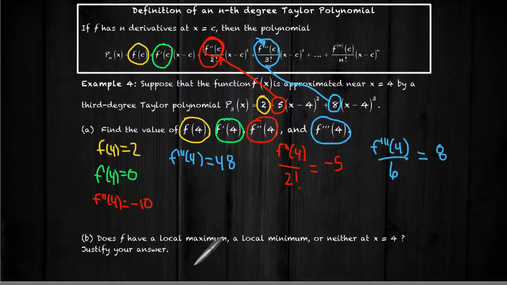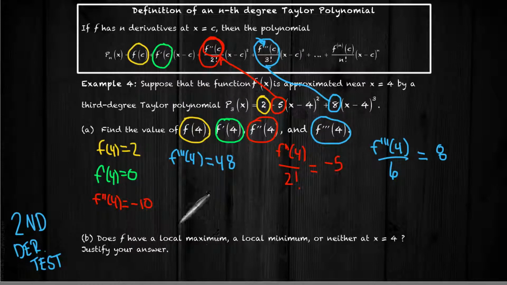Does f have a local maximum, a local minimum, or neither at 4? Well, this is where we're going to have to use our second derivative test. If you can remember, the second derivative test basically says, first and foremost, we must have a first derivative that is 0.